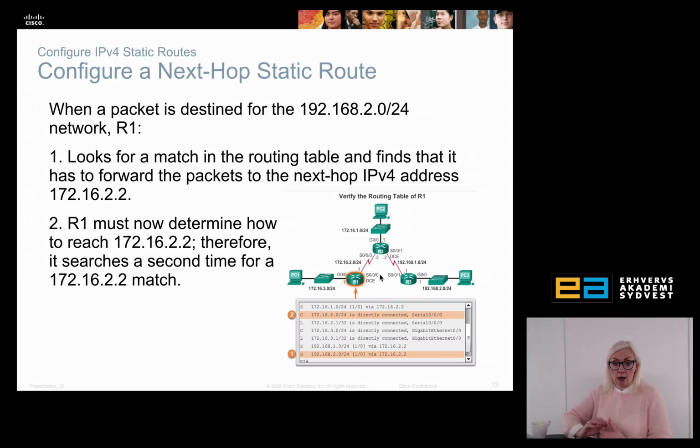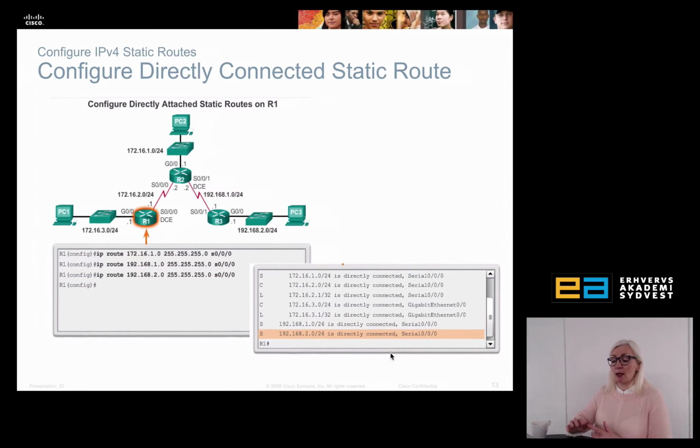So instead of putting the next hop IP address, I can just say 192.168.2.0 via serial 0/0/0. So instead of putting the IP address of the next hop, my neighboring router, it is actually more efficient to use the exit interface, the serial interface, because then I only have one routing lookup.